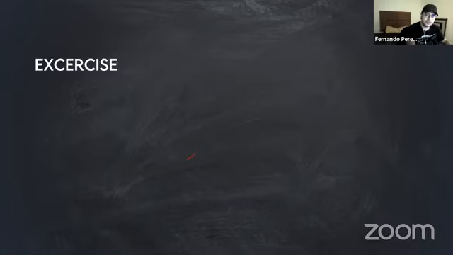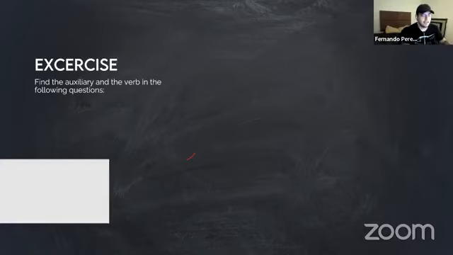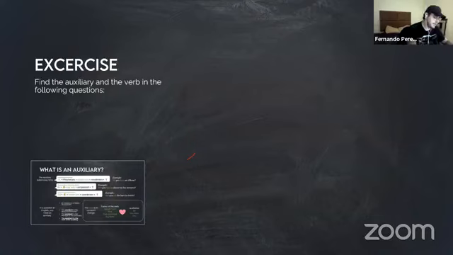There are some questions. Find the auxiliary and the verb in the following questions. The premise in this case is that all the questions need an auxiliary. No? So let's talk about it. Question number 1.